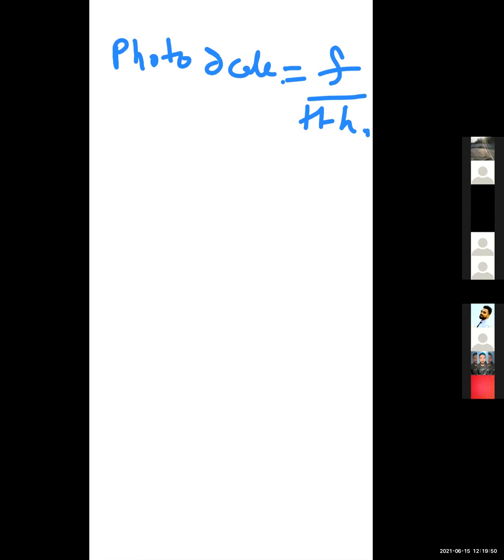So, as in the first question, we can write a relation between the map scale and the photo scale: photo scale divided by map scale is equal to photo distance by map distance.